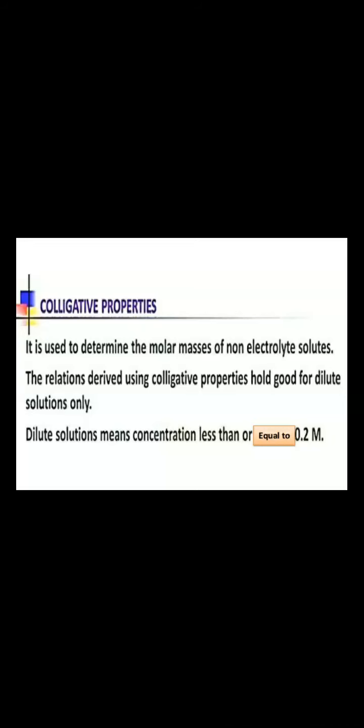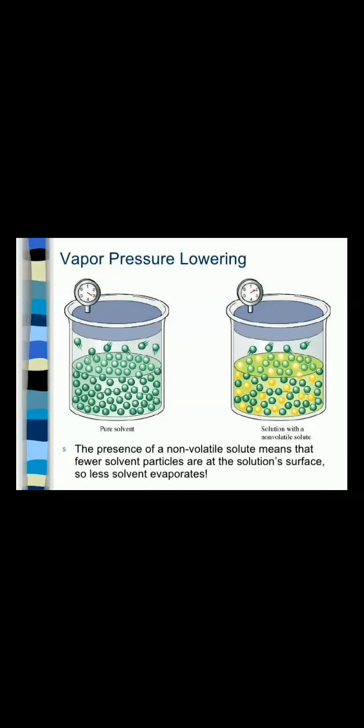Let us see the first colligative property, vapor pressure lowering. In the first container, it consists of a volatile solvent. What is a volatile substance and a non-volatile substance we already studied in the last video.